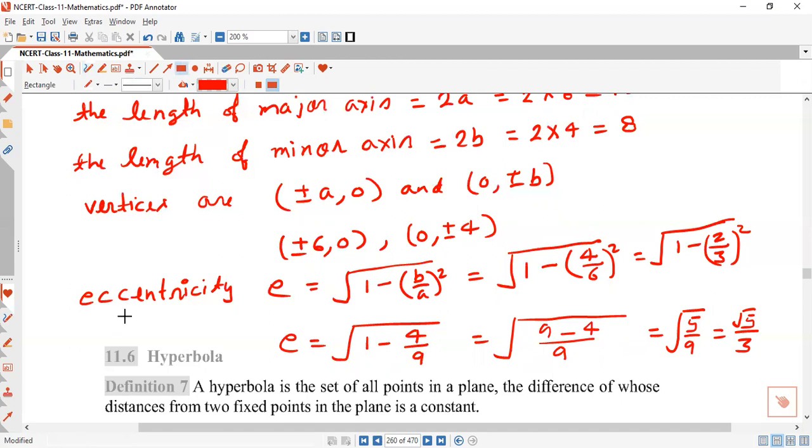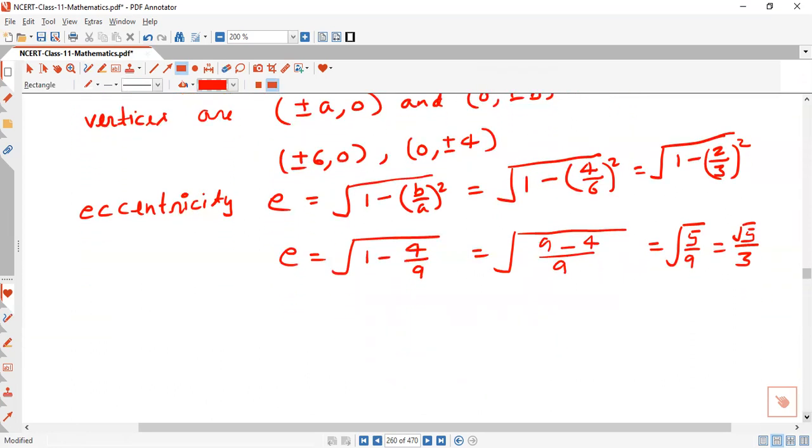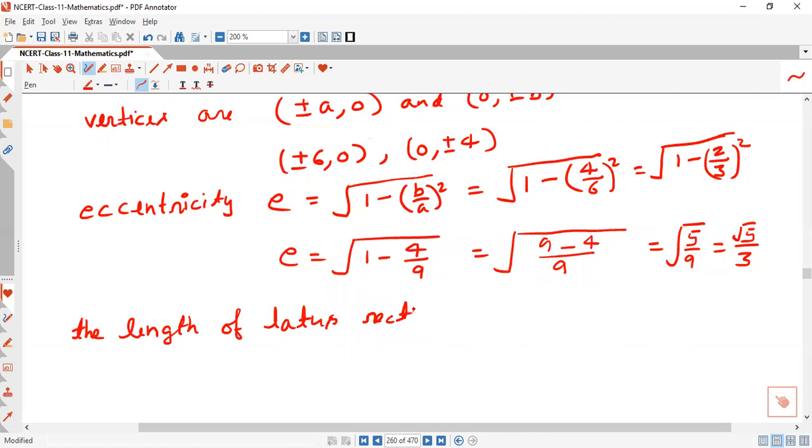Next is latus rectum. The length of the latus rectum. There are basically two latus rectums, and the lengths of both latus rectums are the same, 2b square by a.